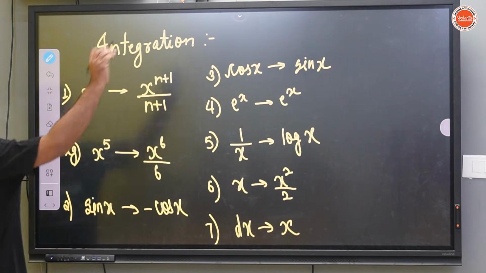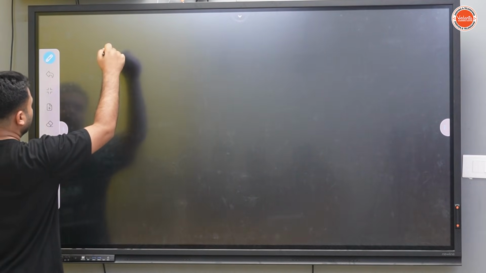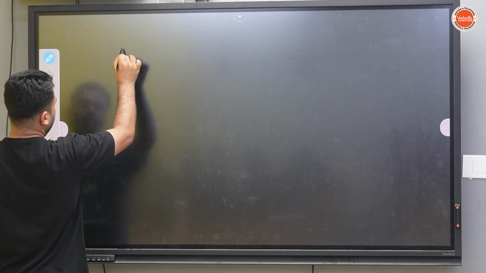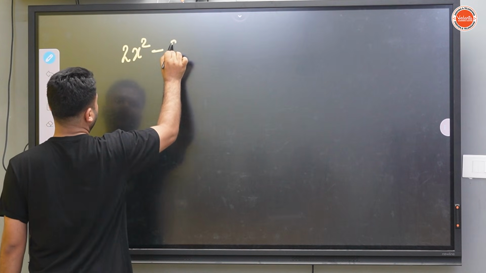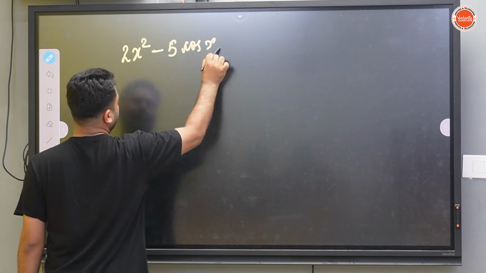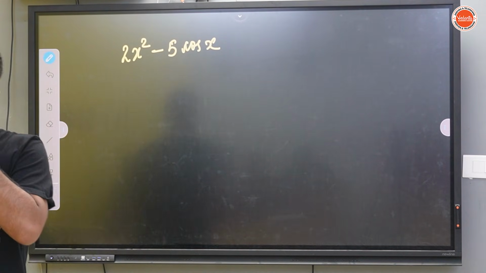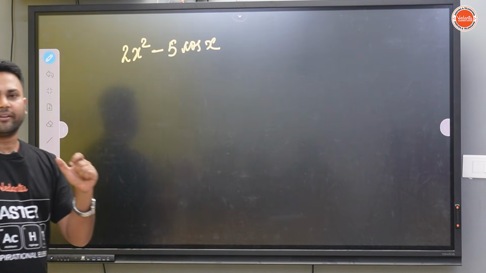Like one example I am taking. Suppose you have to integrate 2x square minus 5 cos x. Now see, they will never give it like this, that they will write this and write integrate.